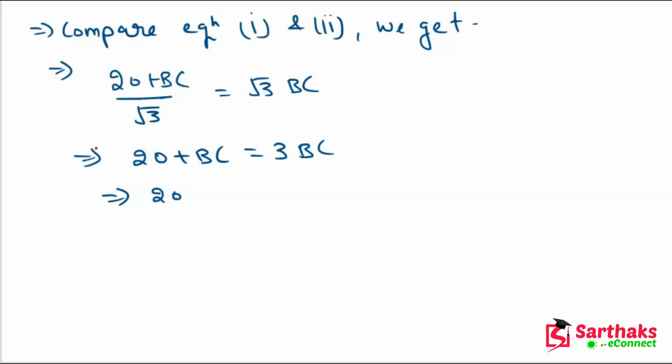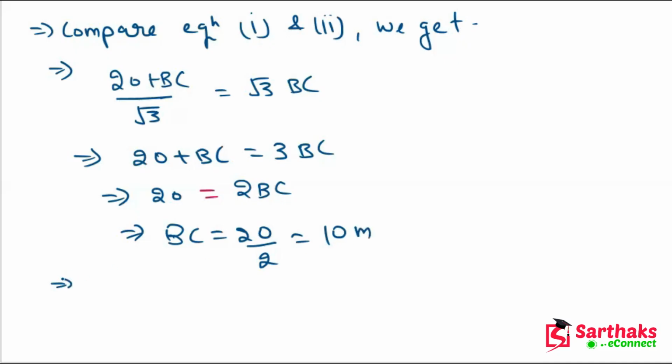Now we shift BC to the RHS, so we get twice BC. So the value of BC is equal to 20 divided by 2, so we get 10 meters. So we can say the width of the canal is equal to 10 meters.